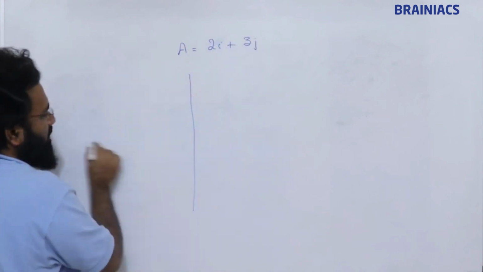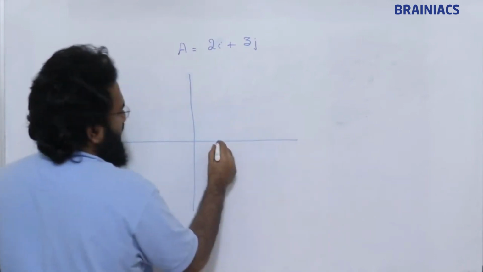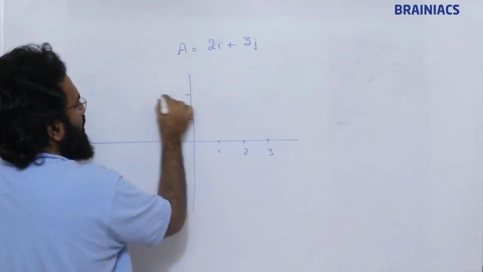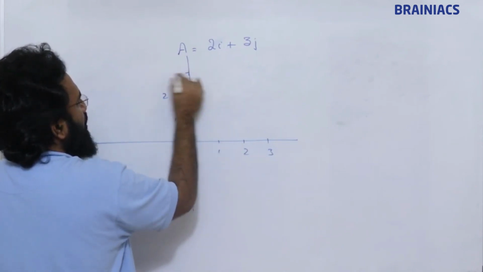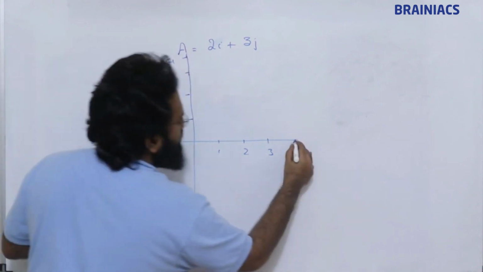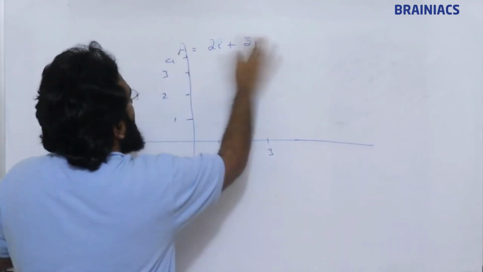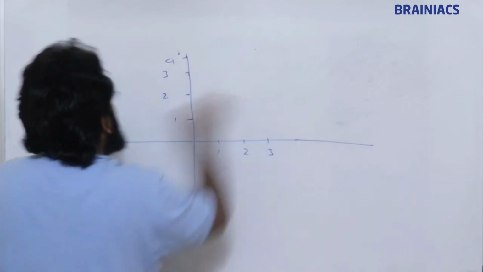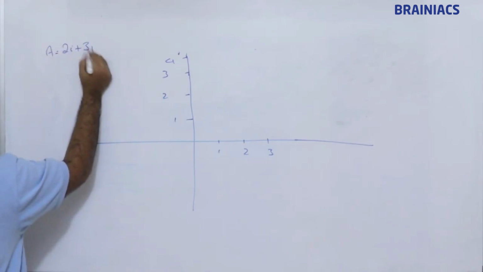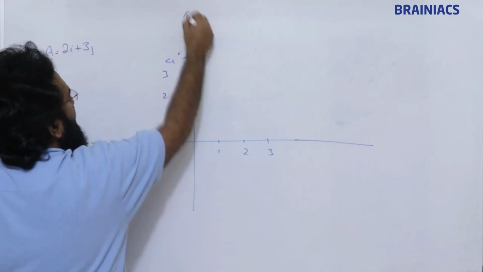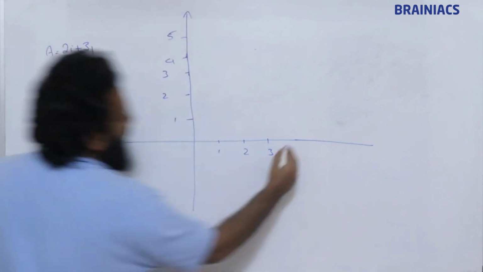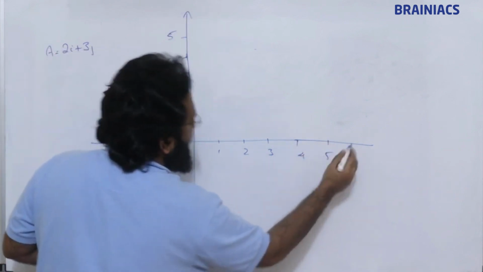I am just plotting this vector here: 1, 2, 3, 4, 5.